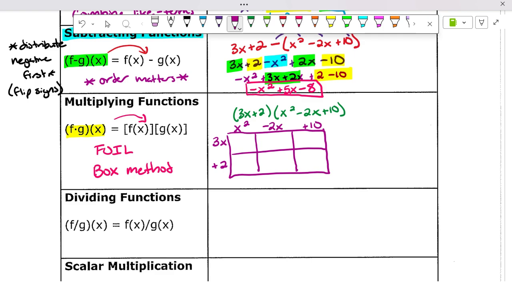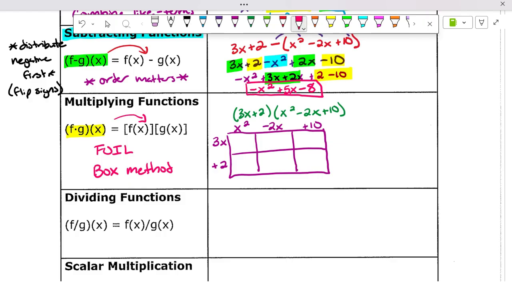Now, who remembers how to do box method? How's it work? Would you have 3x times x squared? Right. So for every box, you would take the row that lines up with it and times it by the column that lines up with it. So for this first box, you're doing 3x times x squared.